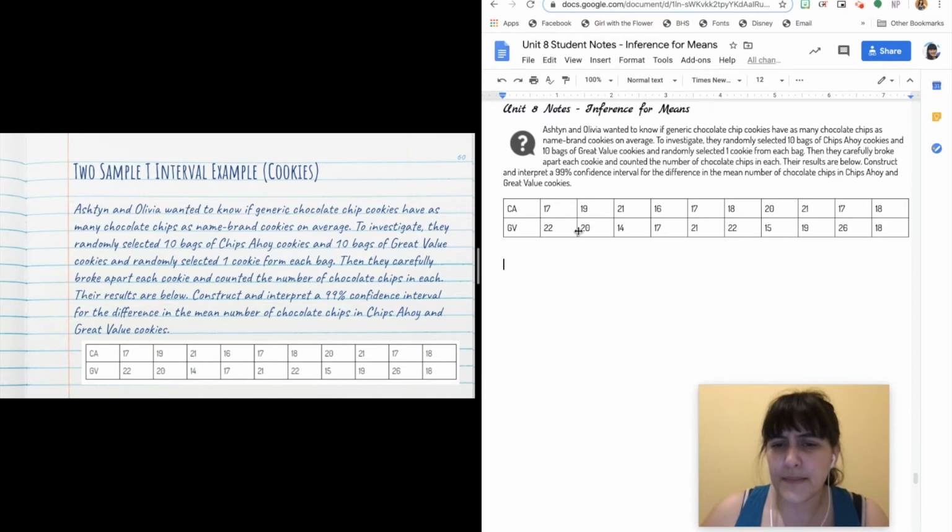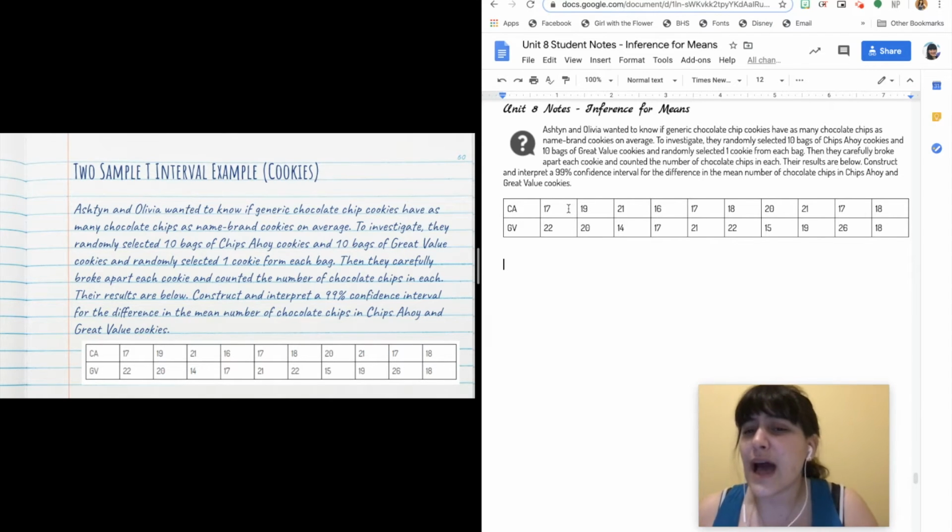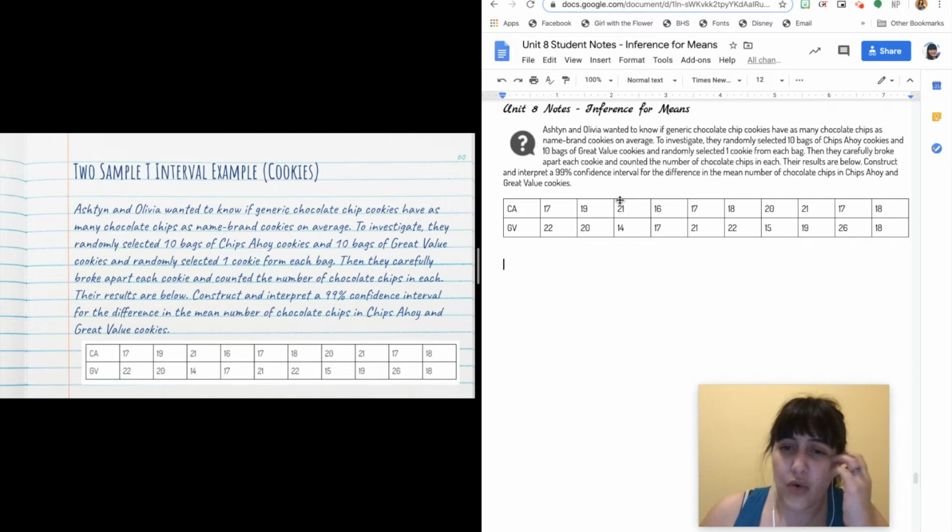But they could have just decided to write it in numerical order, from smallest to largest, or they could have decided to write all of the even numbers first, then all of the odd numbers, right? It doesn't matter what order you write these in. It also doesn't matter what order these down here are written, the GV ones.